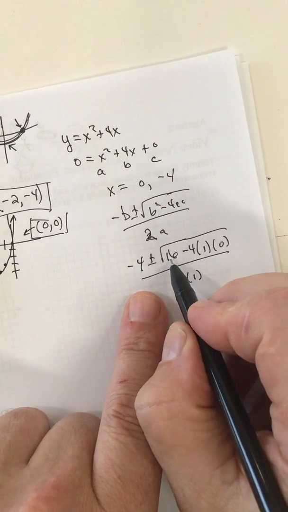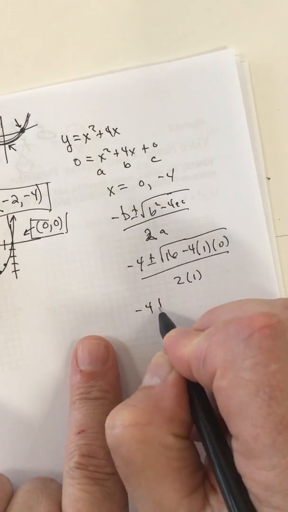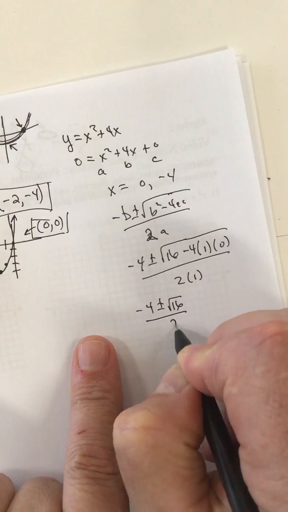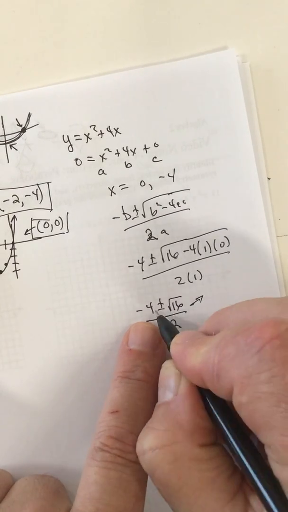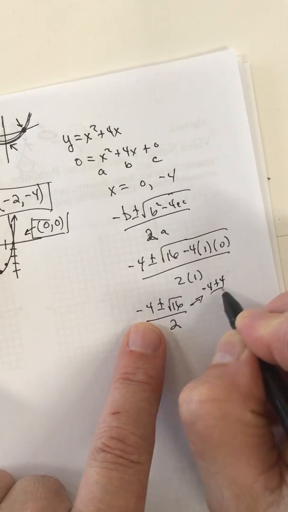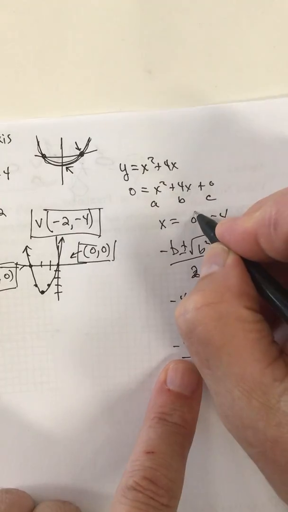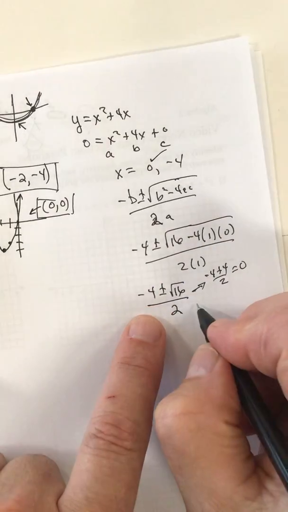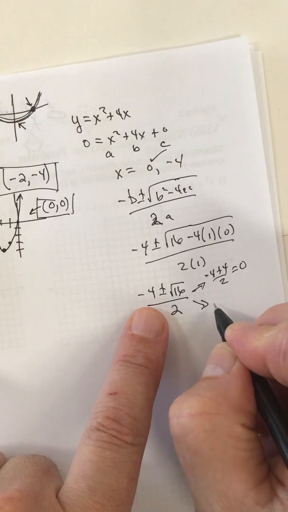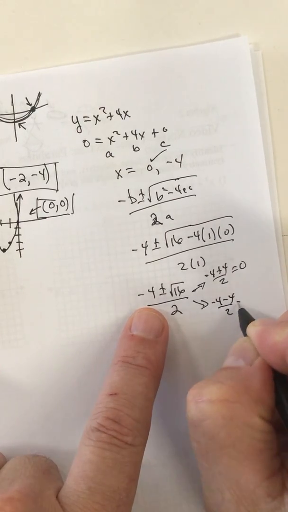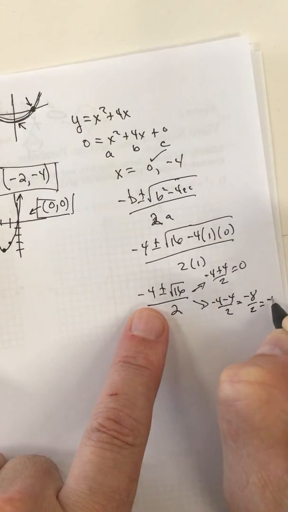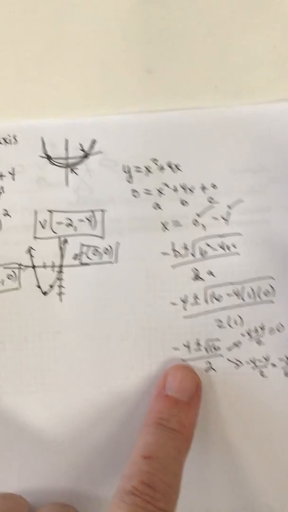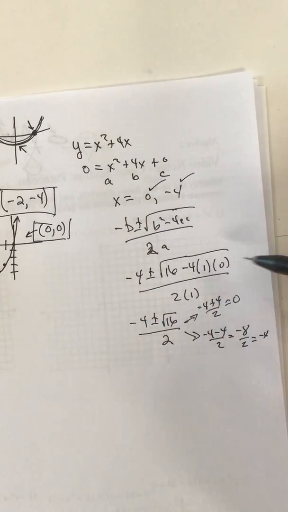That's 16 minus 0, so we have -4 plus or minus the square root of 16 over 2. So this one is -4 plus 4 over 2, so that's 0. And this one was -4 minus 4 over 2, so that's -8 over 2 for -4. So you could have done the quadratic formula by hand and got 0 and -4.